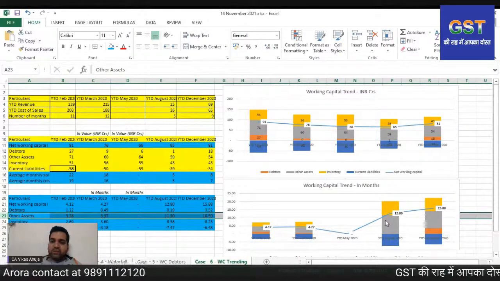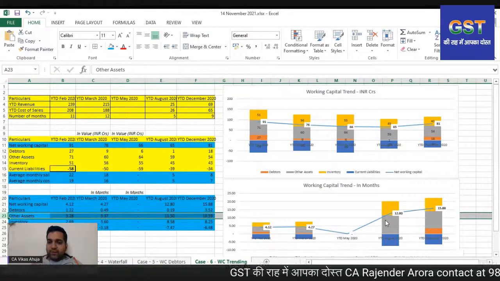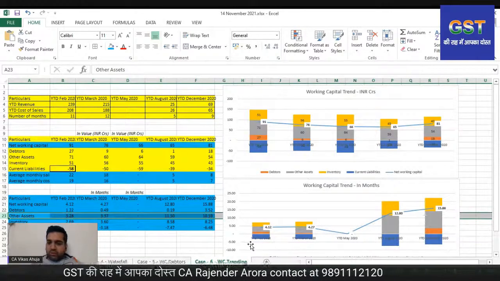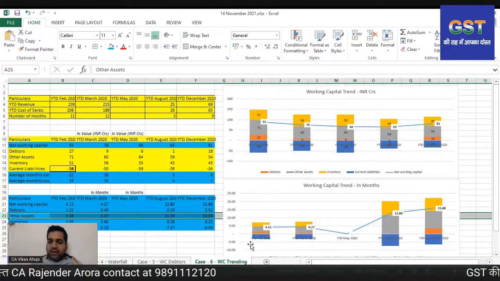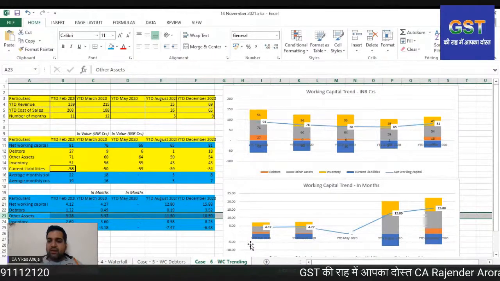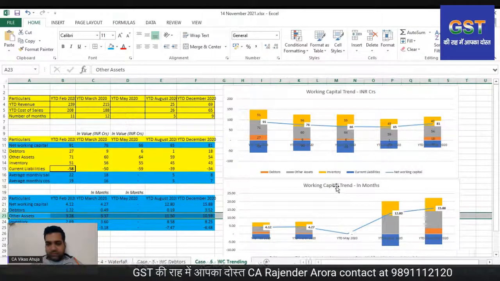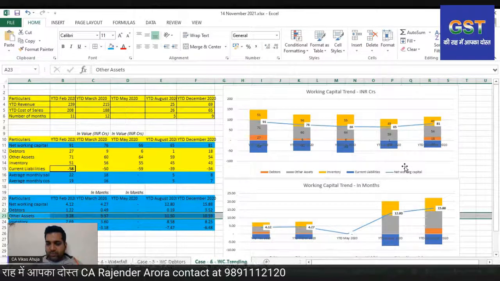If it is not, then obviously there is a reason to worry, or a reason to do a deep dive on why it is not matching. The more periods you put in this graph, the more clarity you will get on where my working capital is heading. So these are the two graphs I wanted to present here.